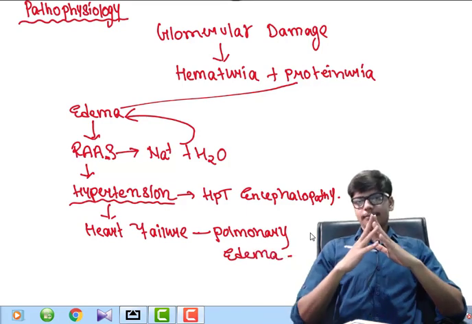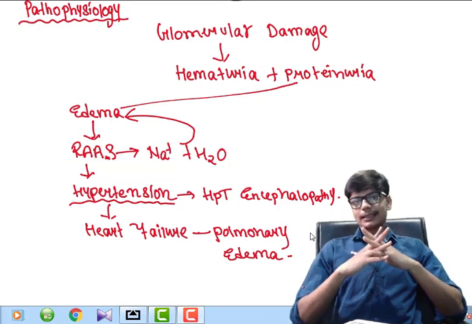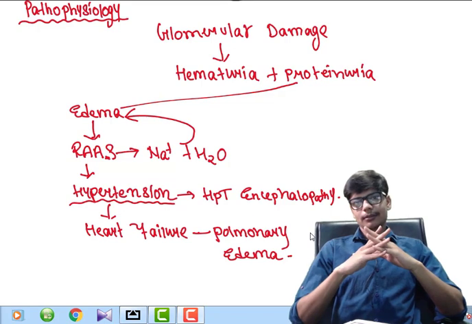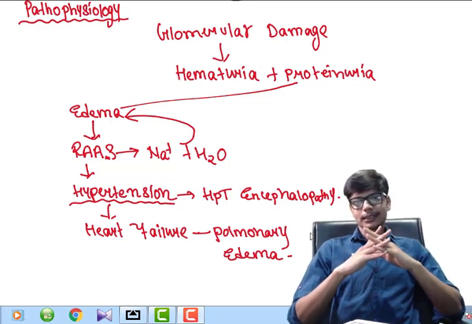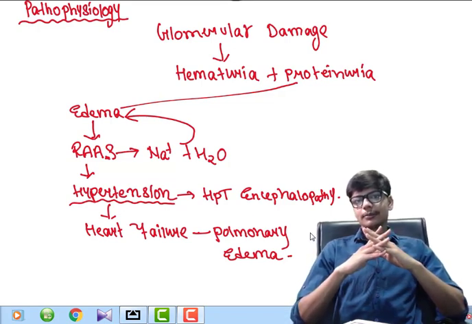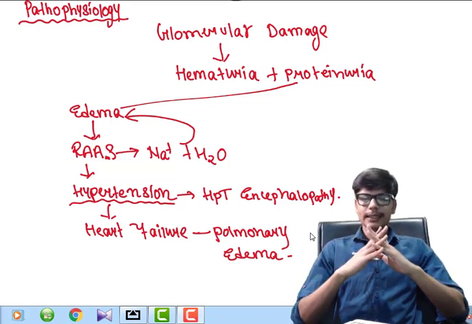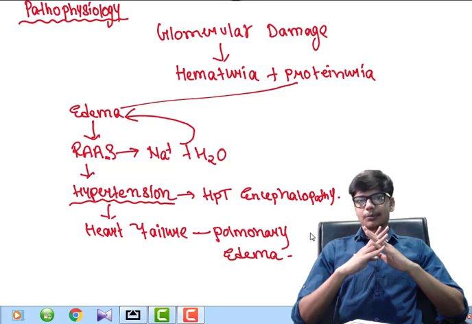As there is failure of the ventricle, it results in back pressure and increase in the pressure of the left atrium, which results in pulmonary congestion and finally leak through the pulmonary capillary, resulting in pulmonary edema.